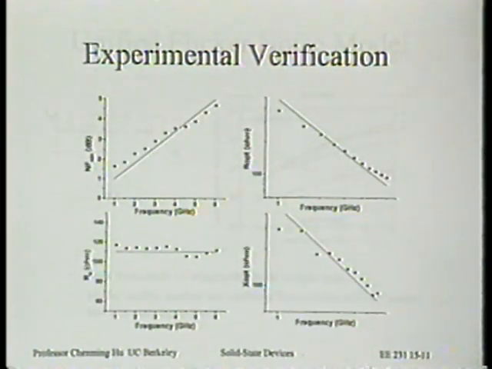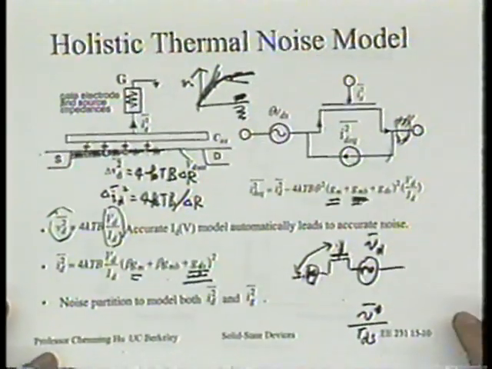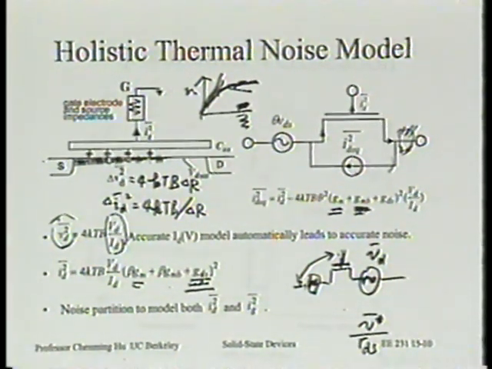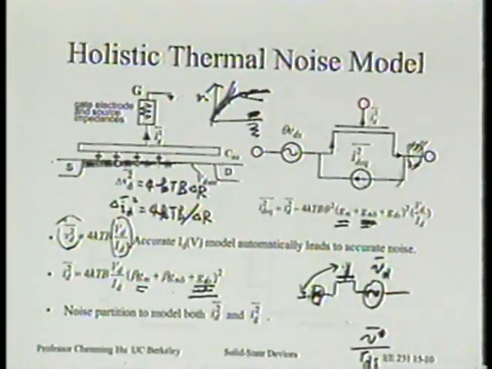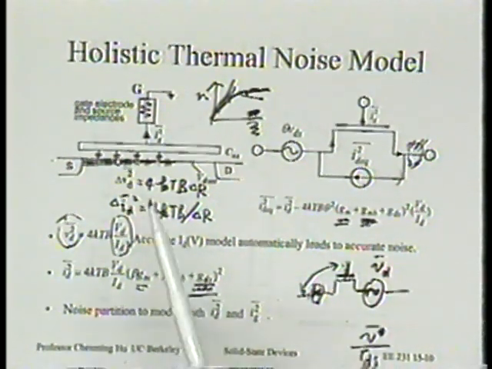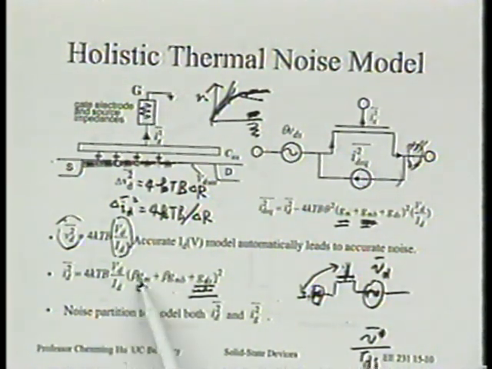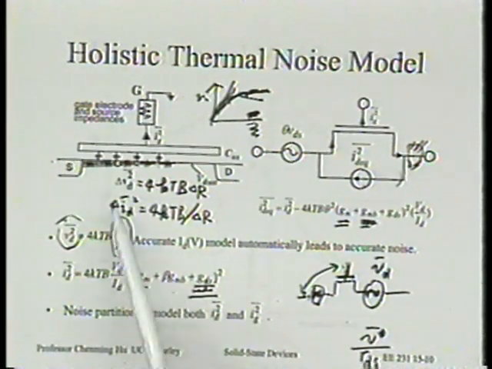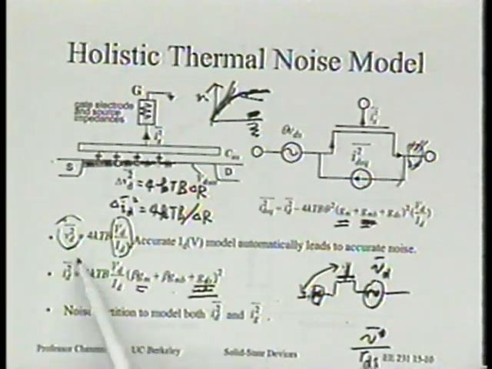And if you do that, there's another thing that's very interesting to think about in terms of noise. For a long time, people realized there's something called gate-induced current noise. That's very important. So far, I have just told you the three ways for the channel noise to produce noise current.